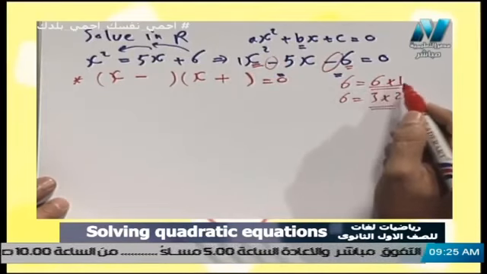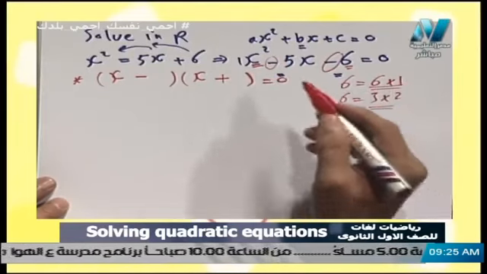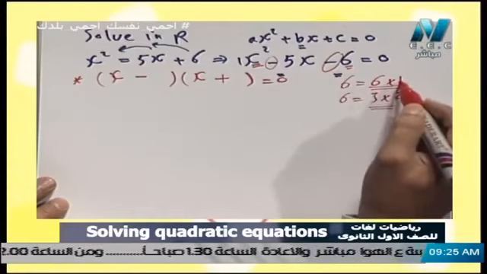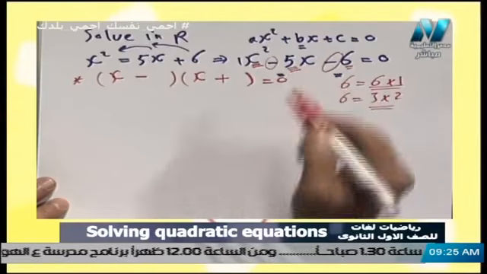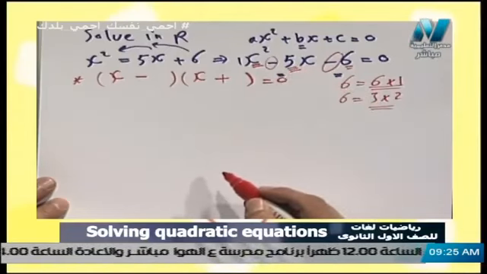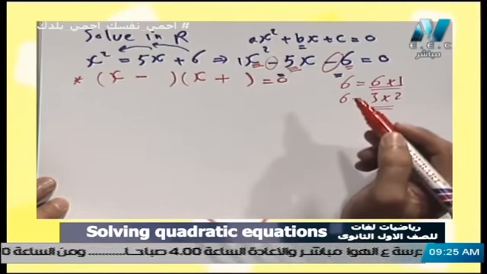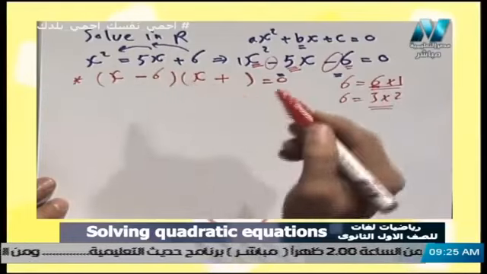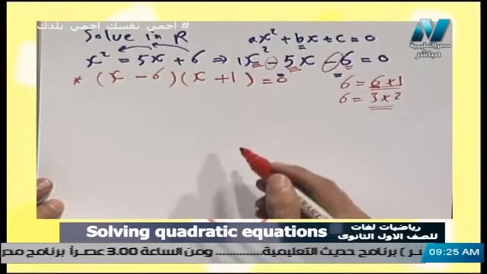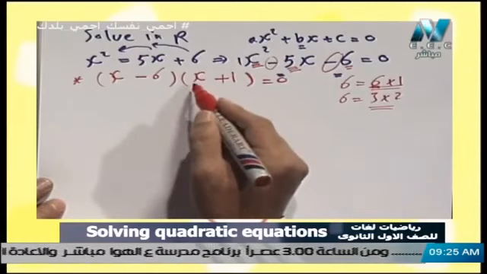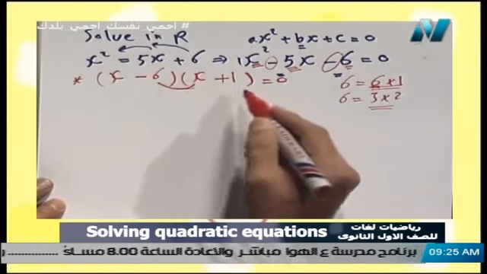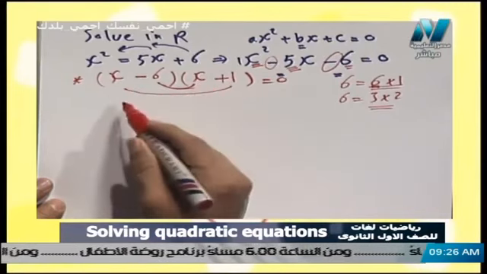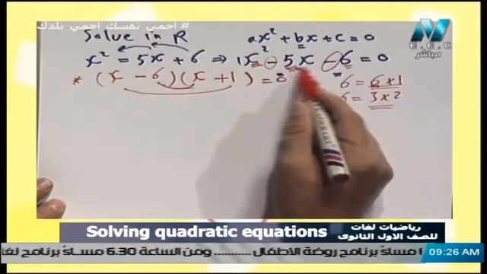When we subtract 6 minus 1, it will be 5, but 3 minus 2 equals 1. So 6 minus 1 equals 5. It is the right solution. And of course we will put negative beside the biggest number, which is 6. So it's 6 multiplied by 1, and if we find the product of the means and the product of the extremes, we'll find that negative 6x plus x equals negative 5x, which is the middle term.